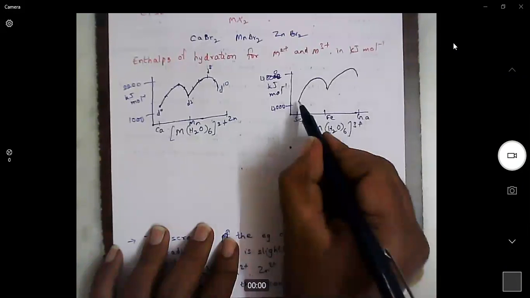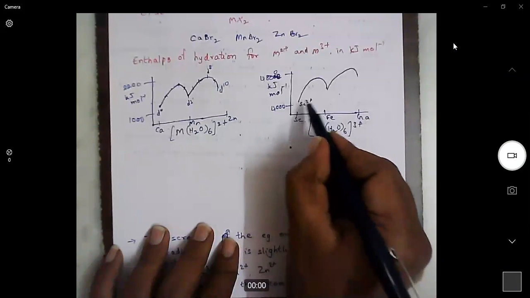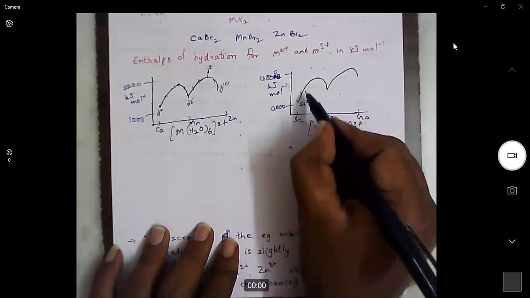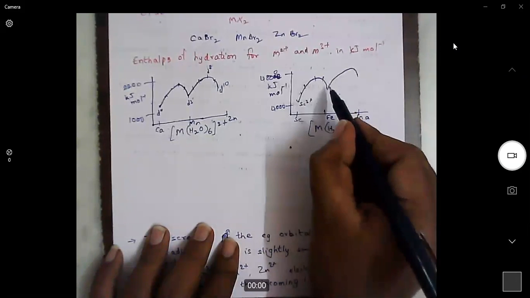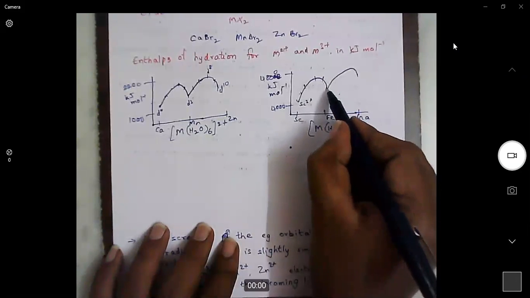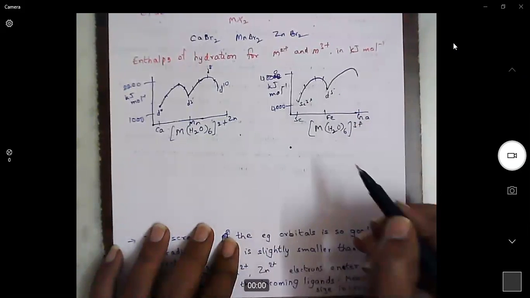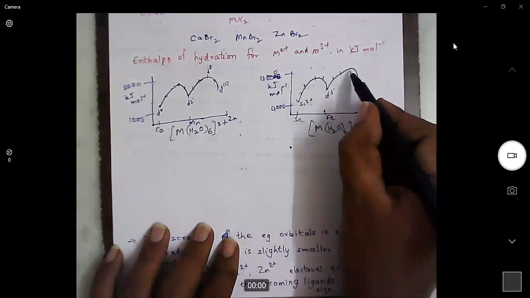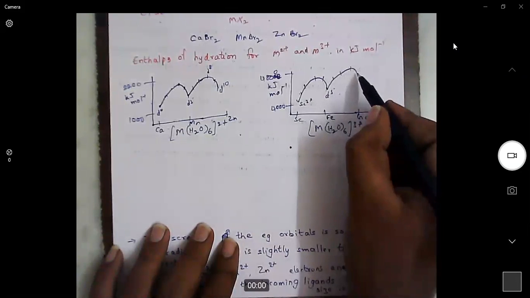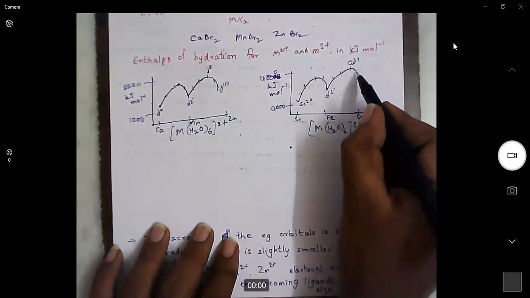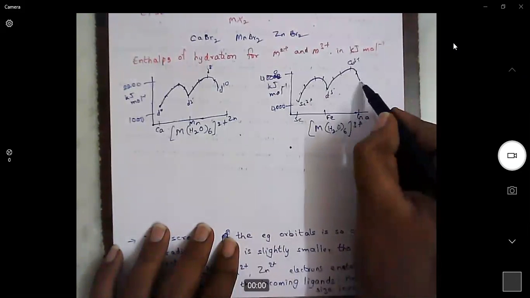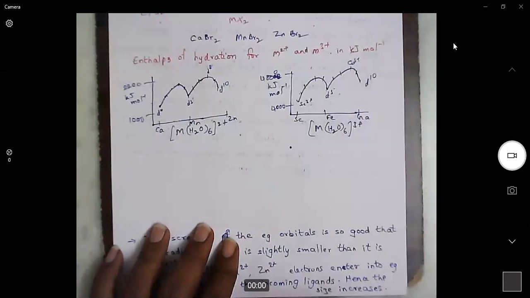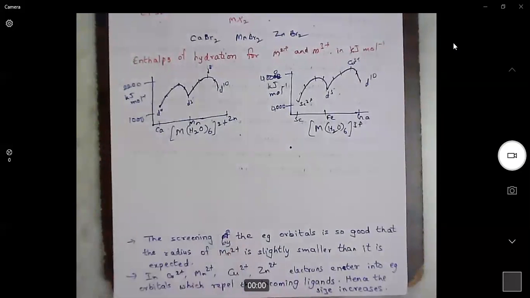Here it is scandium 3 plus, d0, d1, d2, d3, d4, manganese 3 plus, d5, iron 3 plus, then d6, d7, d8, it is copper 3 plus, then d9, zinc 3 plus, then gallium 3 plus, d10. So it will follow the same trend for enthalpies of hydration.